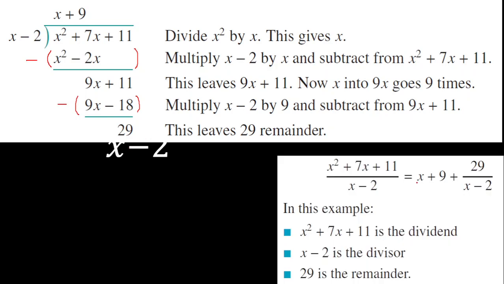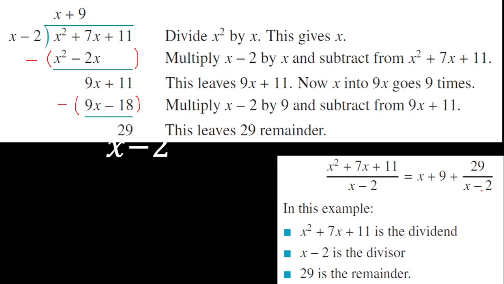Then we can rewrite this. That fraction, which is a division, the quotient is x plus 9 plus a proper fraction, which is our remainder over our divisor.